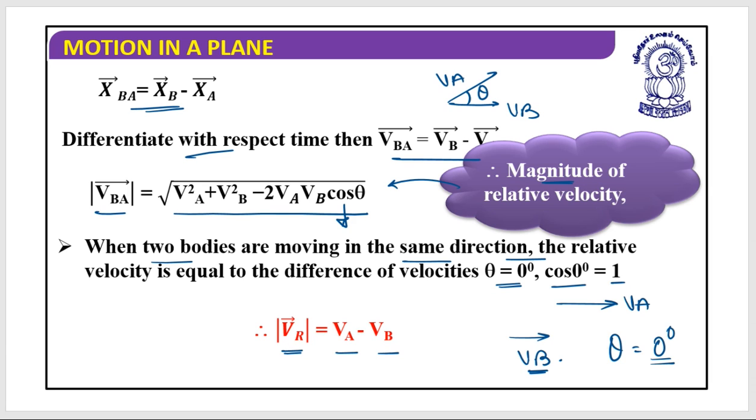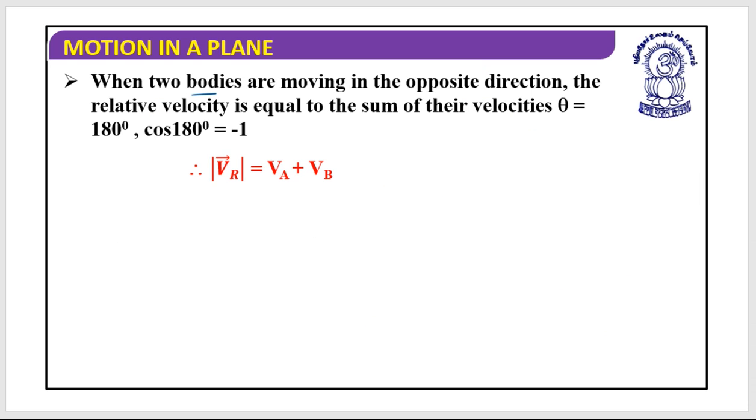Now when two bodies are moving in opposite directions, VA in this direction, VB in this direction, the angle between them is 180 degrees. Then cos 180 equals minus 1, and the relative velocity equals the sum of their velocities. It is the same thing we discussed previously in unit 3, motion in a straight line, in the section on relative velocity.